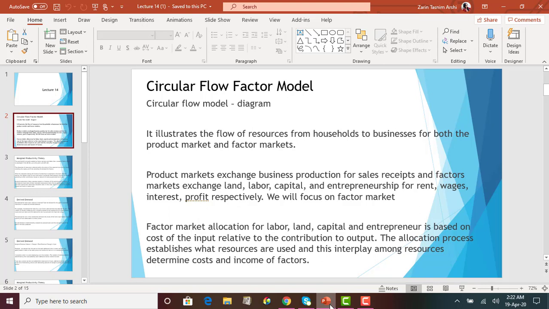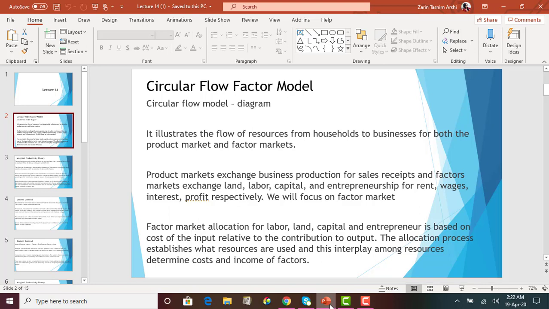Let's say in order to make a water bottle, I need one labor, and ask what is the cost of that labor and how much it contributes toward making that water bottle. Let's say 40% of the contribution is from the labor. That means the allocation of the labor will be based on the cost of that input, as well as how much contribution it is making to the output.